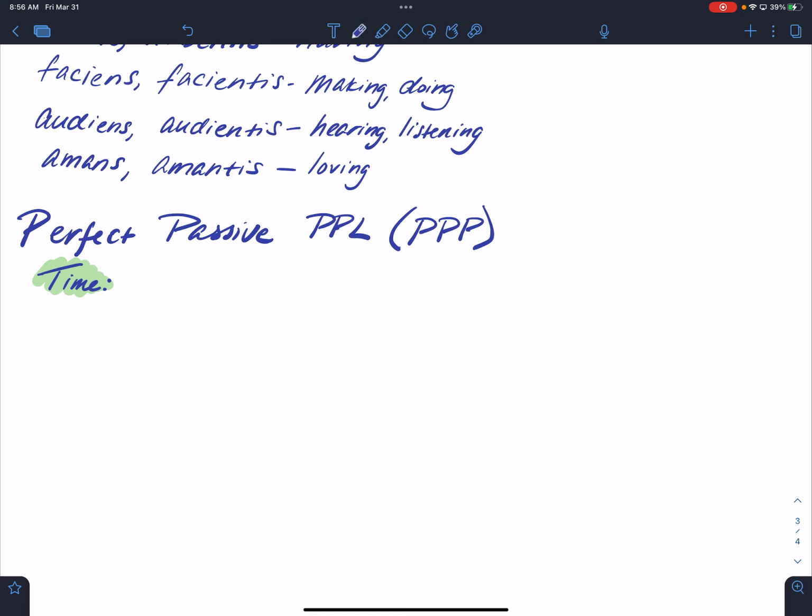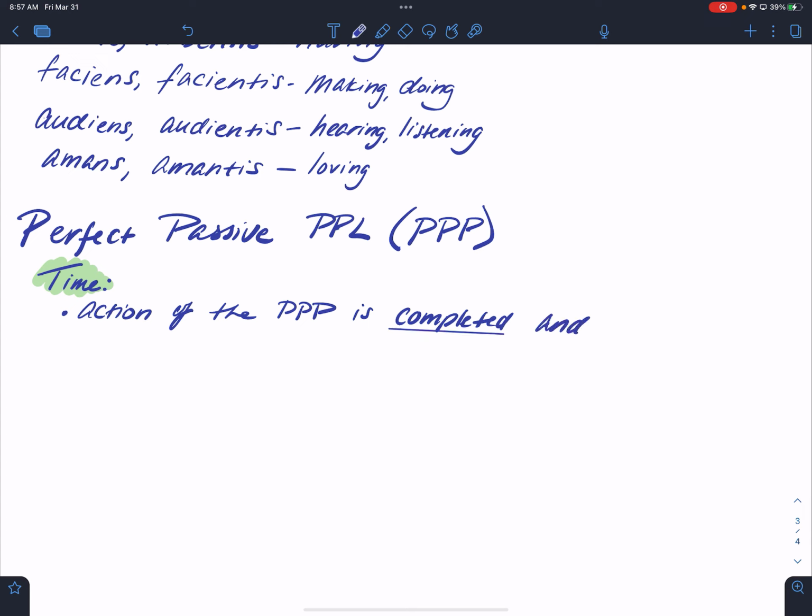So the action of the PPP is completed and takes place prior to the action of the main verb.